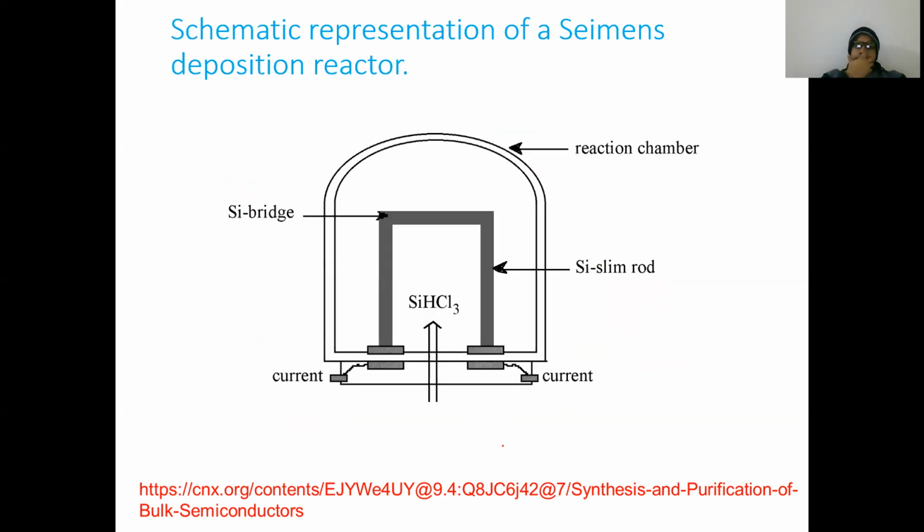So this is the reactor in which your silicon deposition is being done. Here you can see these are your silicon slim rods. This is a reaction chamber, and this is current. So your trichlorosilane is entered into this, and silicon is being deposited onto this. So this is quite useful.